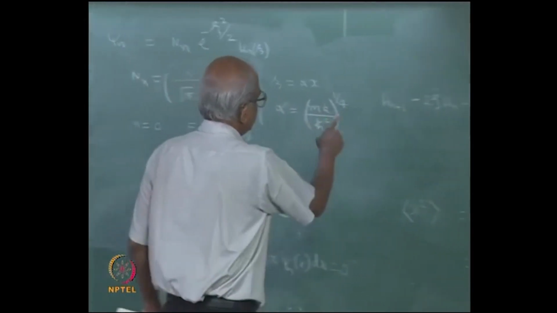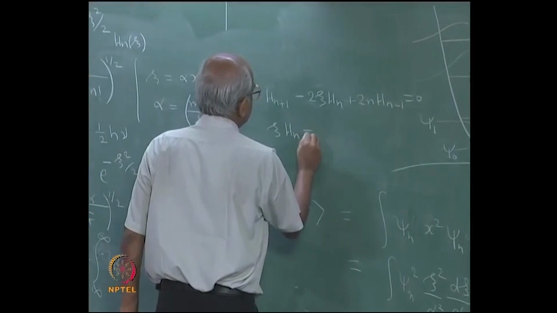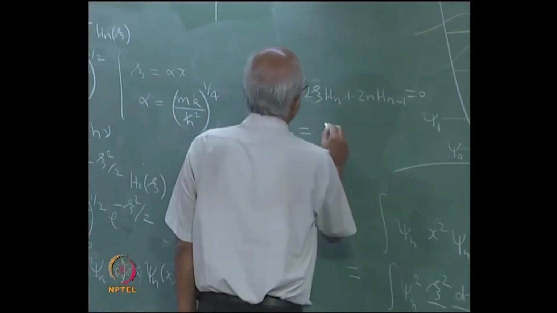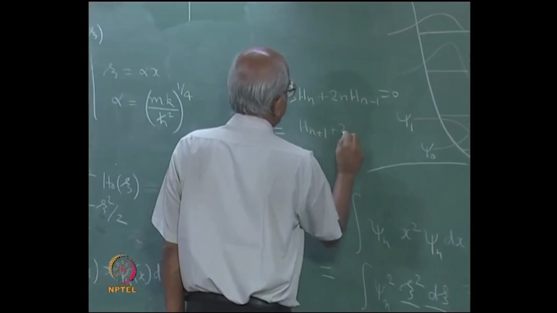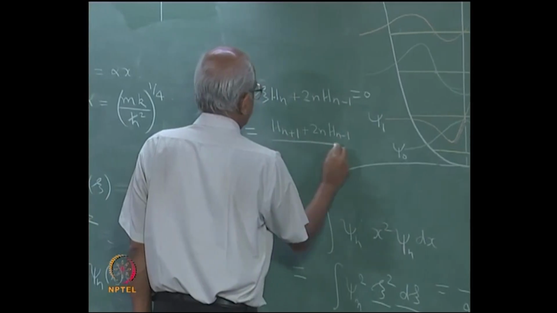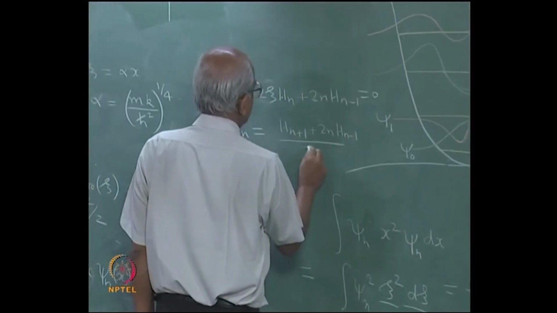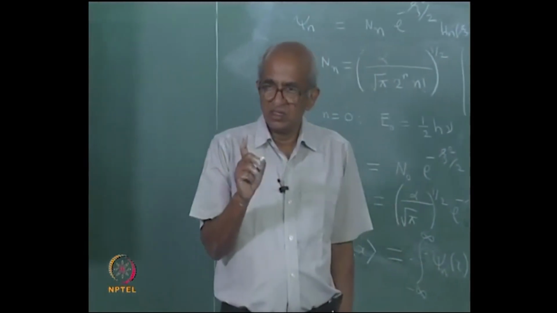So, I can rewrite this and say this means that c times H n is equal to H n plus 1 plus 2n H n minus 1, divided by 2.